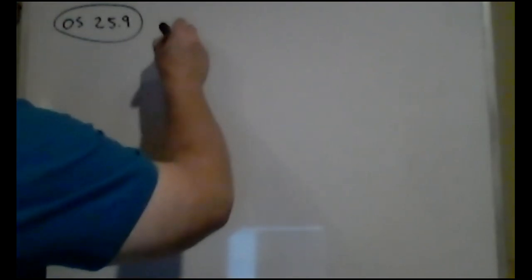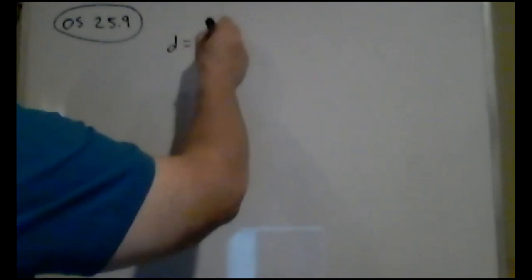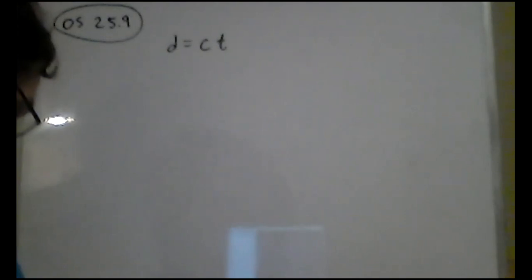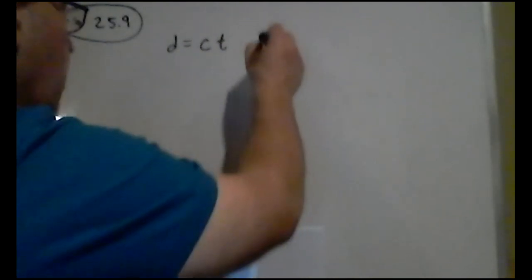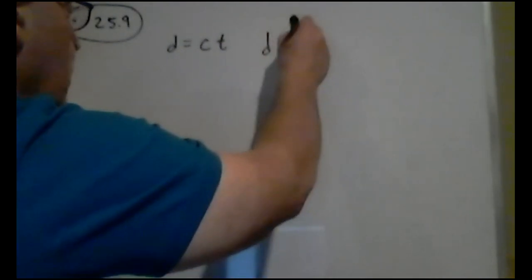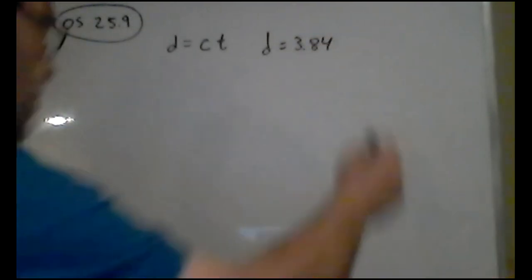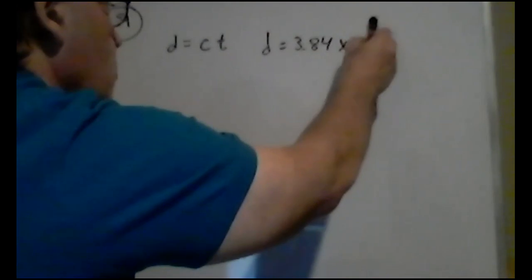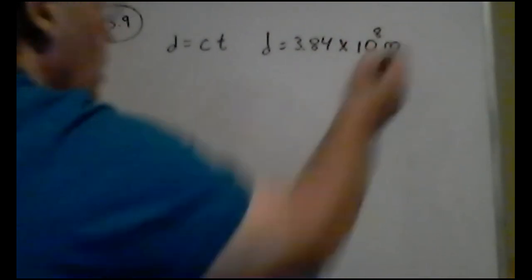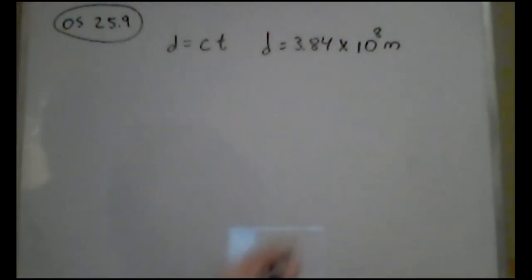How you solve this problem is you simply say, well, you have the distance between the Earth and the moon. Light is going to travel at the speed of light and take an amount of time t. We know the distance of the Earth and the moon; we're given that value, 3.84 times 10 to the 8th meters. And we know the speed of light. So how long did it take?